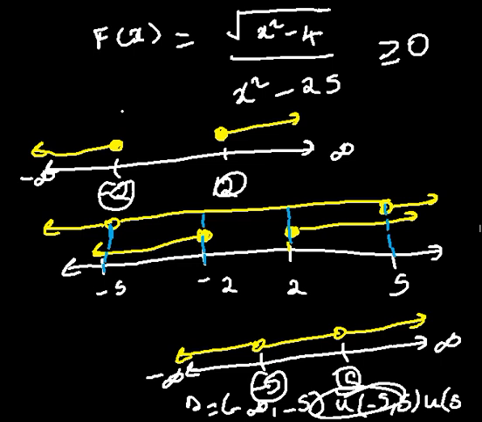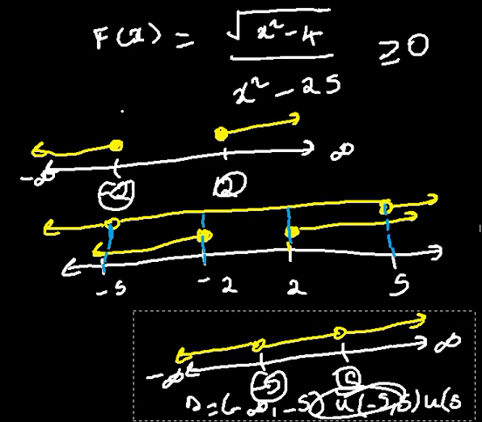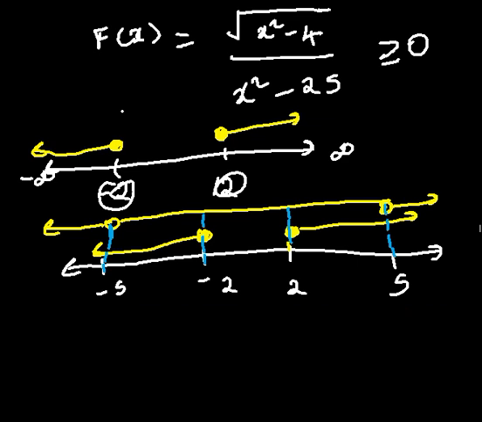So how should we have the domain of the function? Now we'll have the grand domain. The domain of the function will be given as, starting from this direction, negative infinity to negative 5, not part of the interval.